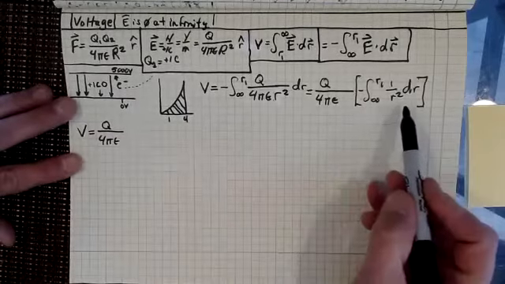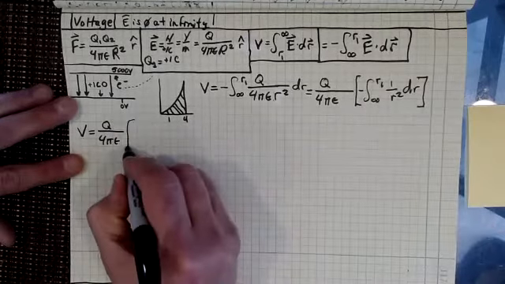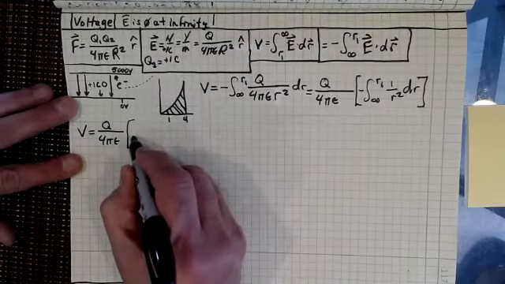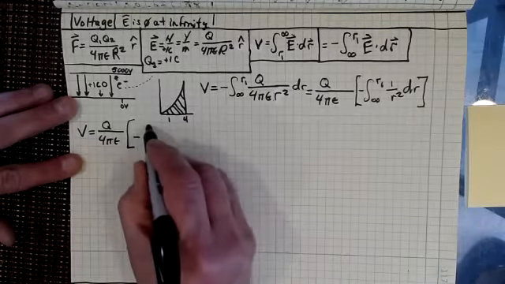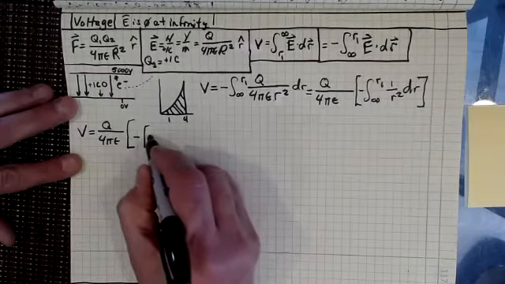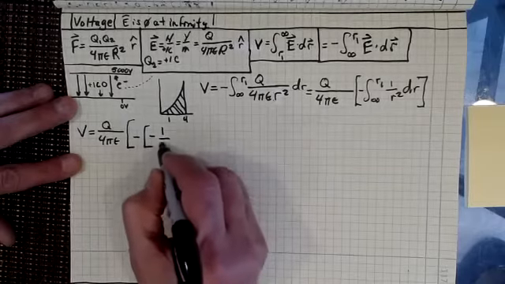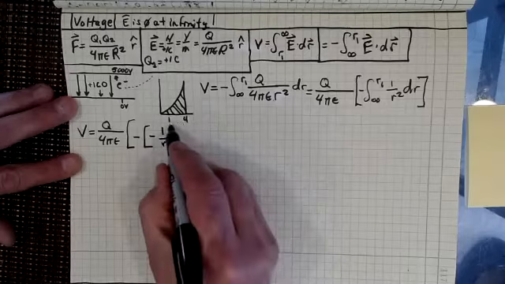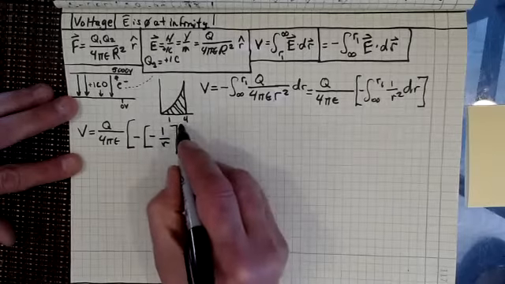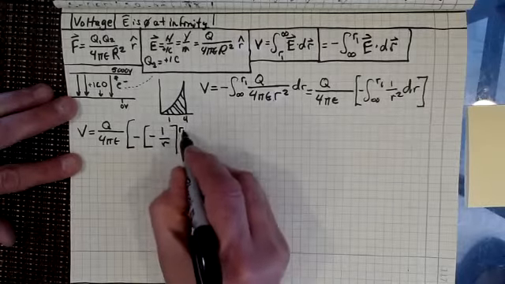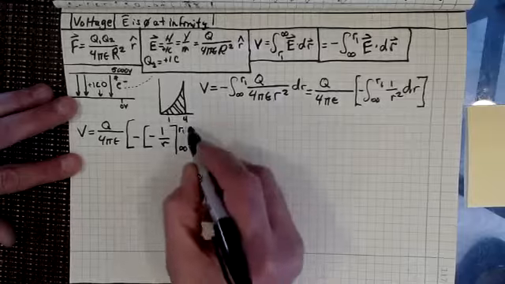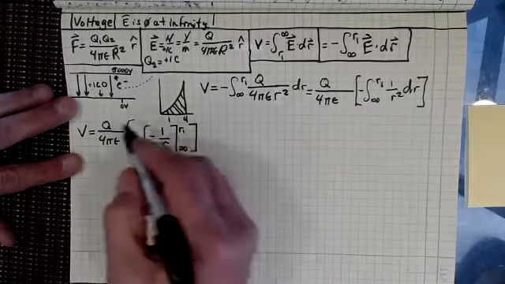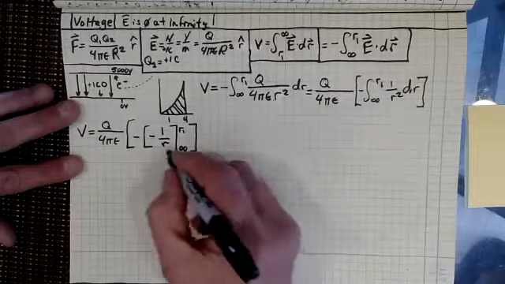And then when we do this integral, I've got a minus of a minus 1 over R, because that's really R to the minus 1. I'm sure that everybody knows that. And then I want to evaluate this between infinity and R1. And then I'm going to put another bracket around there so that I've got the same amount of brackets.